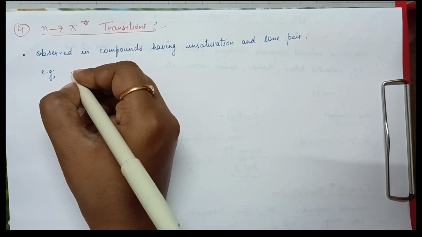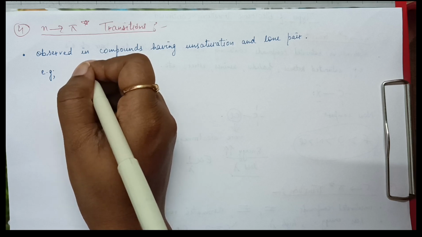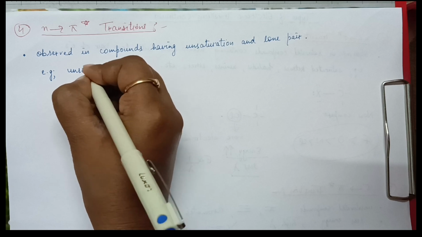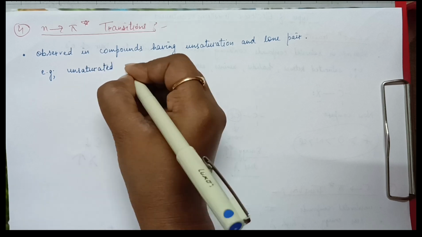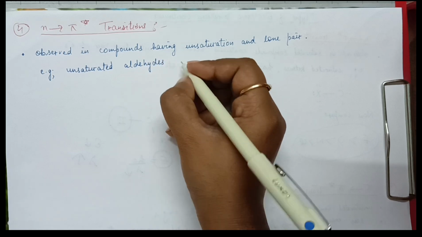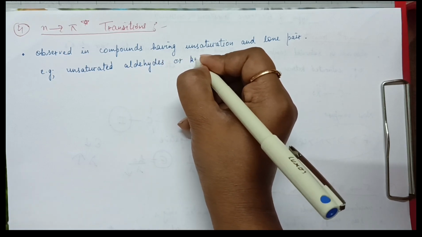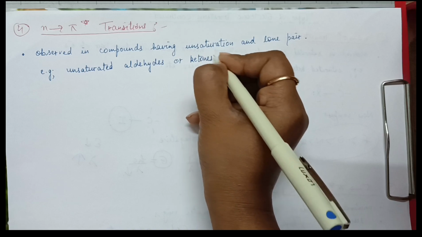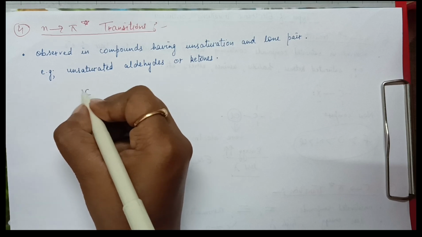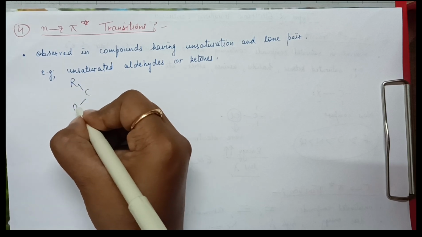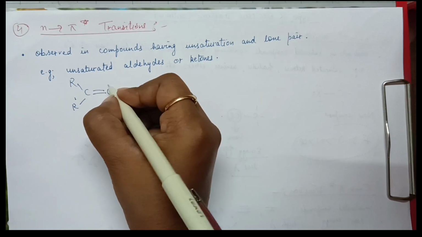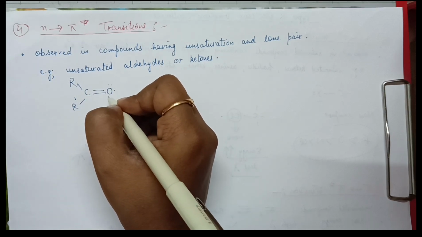For example, unsaturated aldehydes or ketones. So if we look at this compound, suppose we have some groups R and R dash, and we have this oxygen doubly bonded, and this one is having the lone pair.